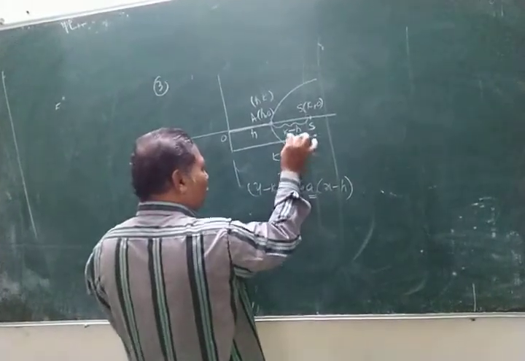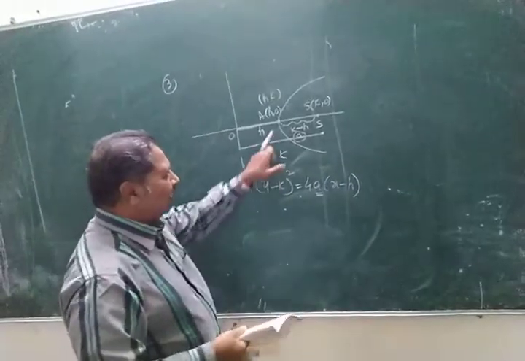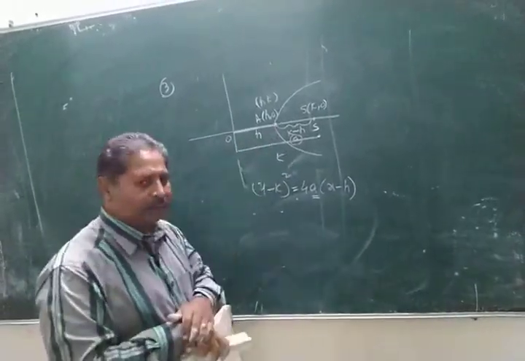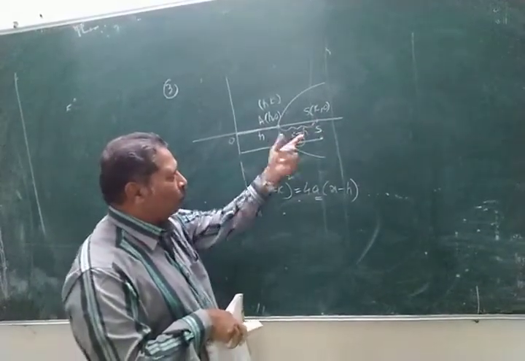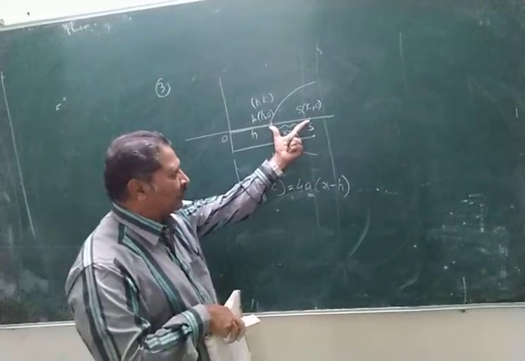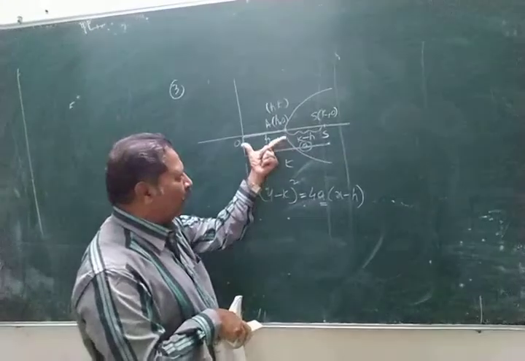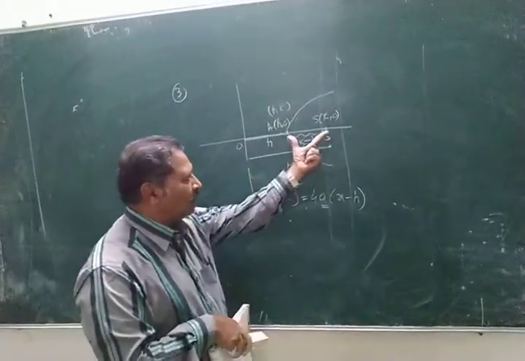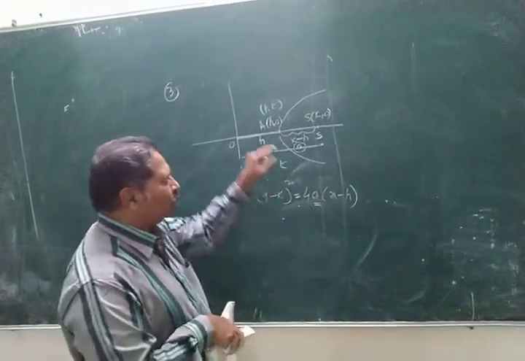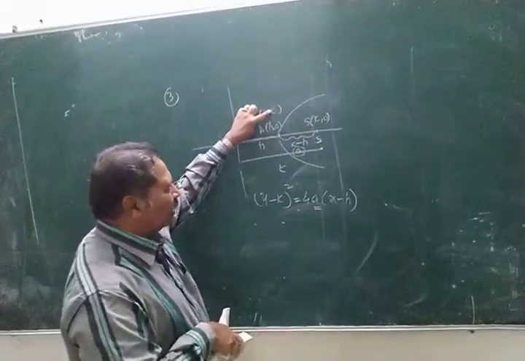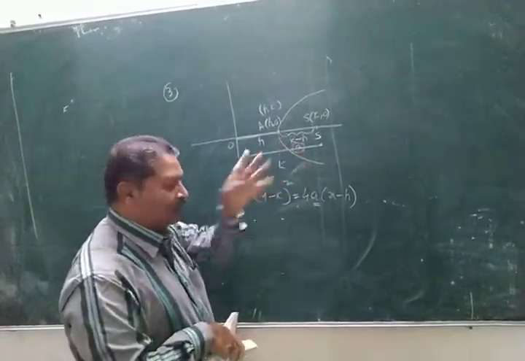Once again, A is at a distance of h units, S at a distance of k units. So the distance AS is k minus h, that is small a. So the h value is h, k value 0 and the a value is k minus h.